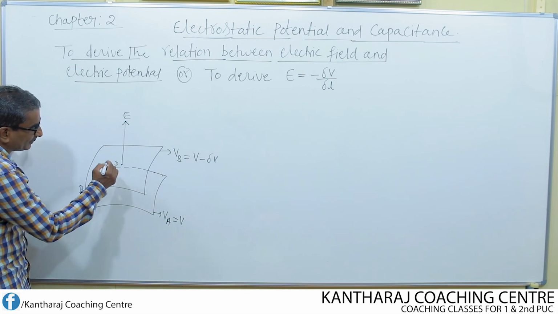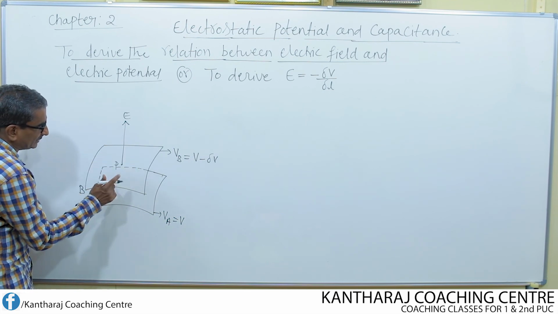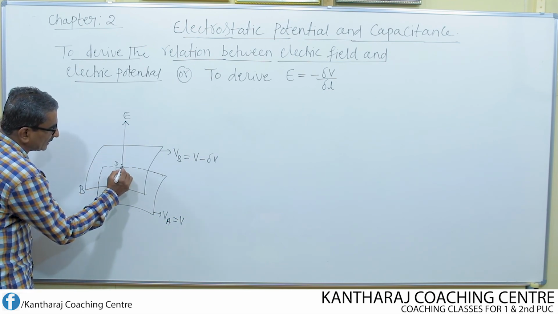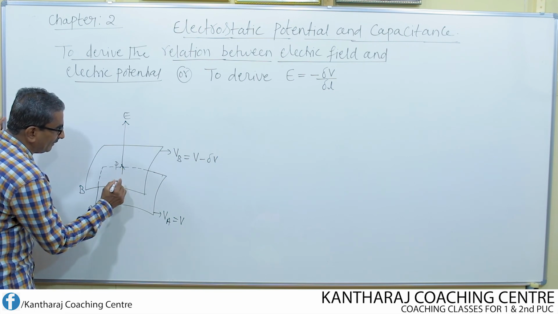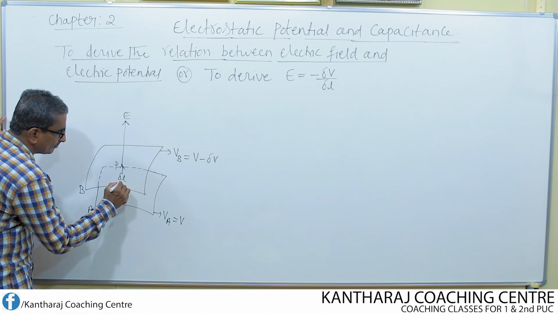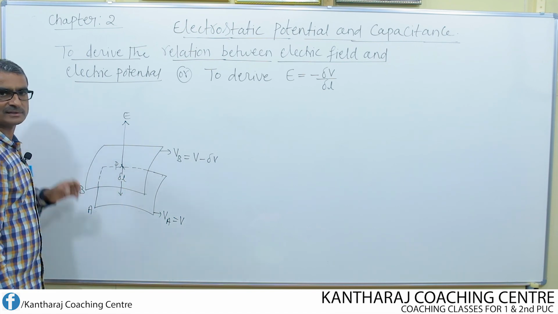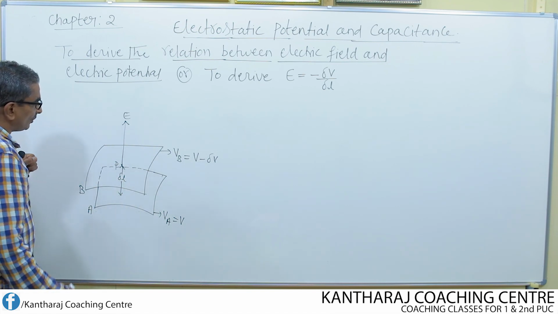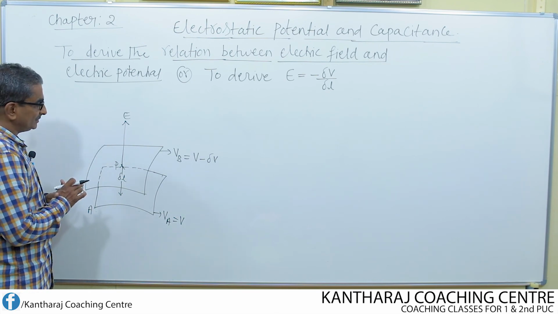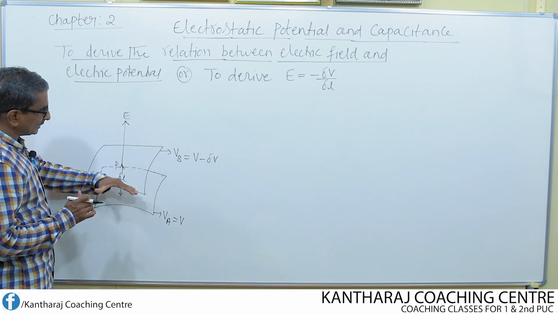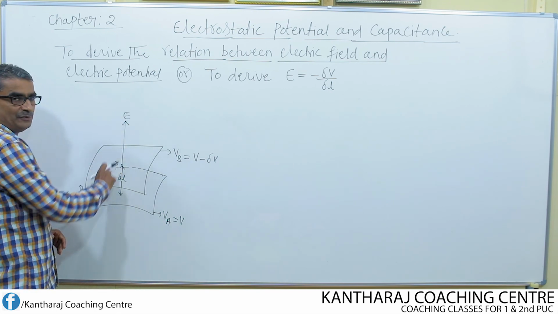What is the distance of separation between the upper surface and the lower surface? Let the distance of separation between these two surfaces be delta L. Now I move a charge Q from one surface to another against the electric field.